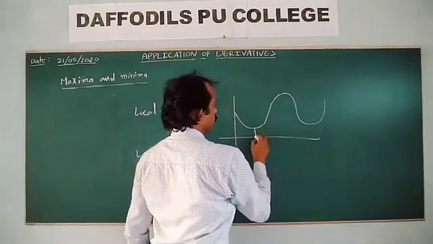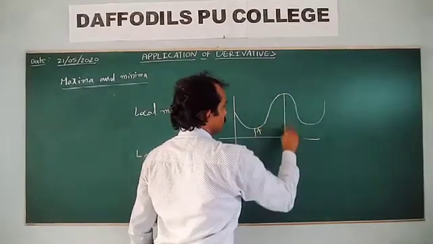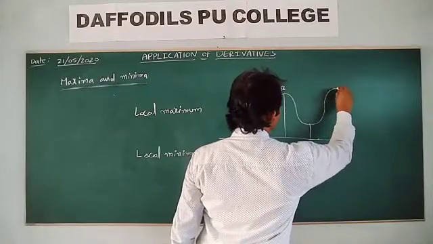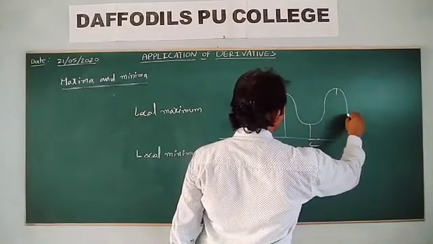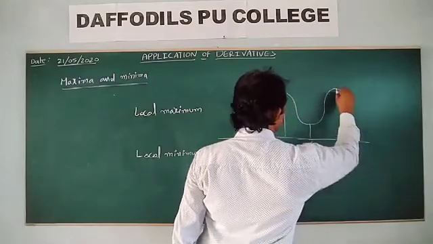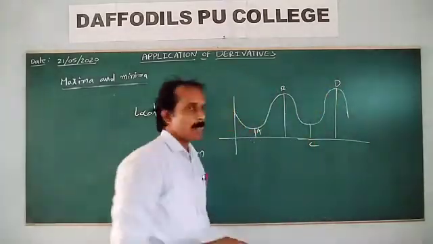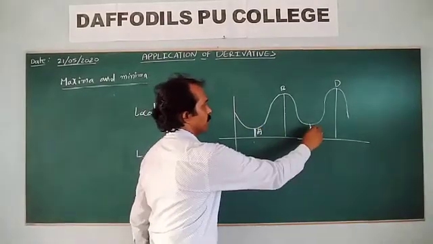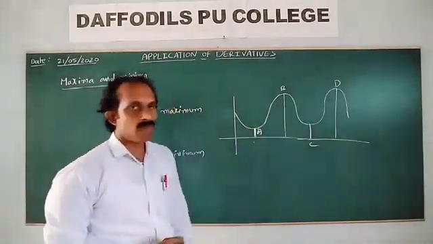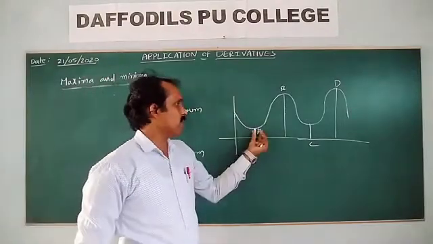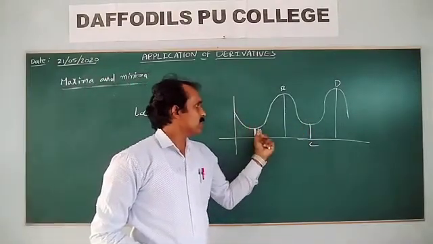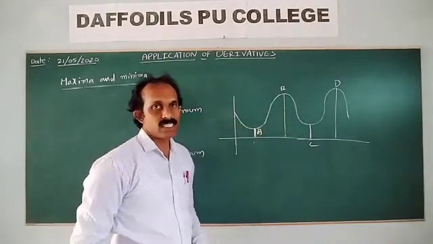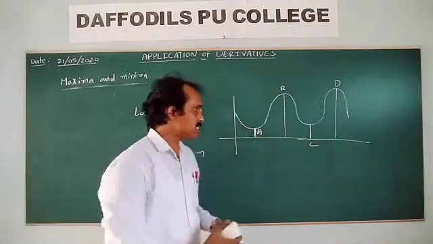Okay, so at some points A, B, C, D, at A and C, for some neighborhood points, the sign changes, meaning it changes its nature. So A and C are called turning points.